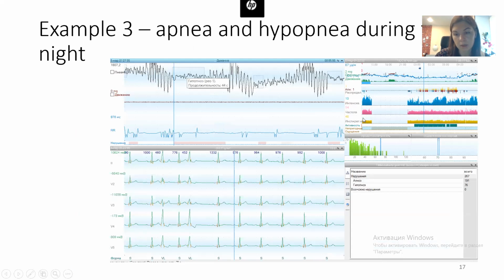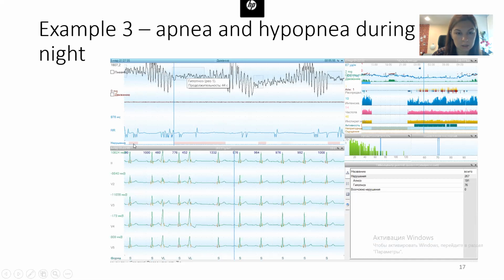And here is an example with apnea and hypopnea events during the night. In this part of the screen, you see airflow from the nose, and here you have motion and the RR interval, the distance between 2 complexes.